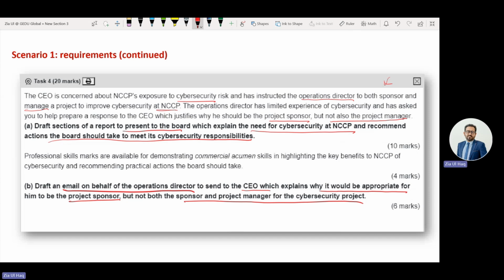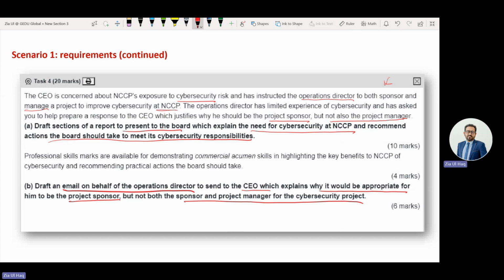Then the project manager: the role of the project manager is to manage the project. He is the main person responsible for all the activities of the project. He needs to control the project team. And as I worked in operations, according to me, I lack IT skills. This project relates especially to IT and cyber security, and requires some specialized IT skills.